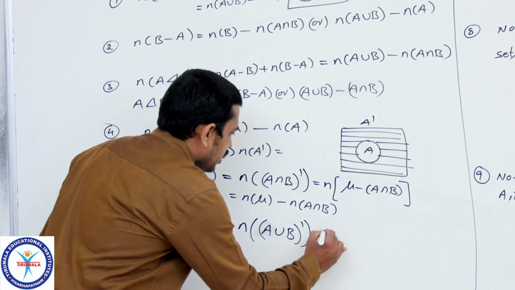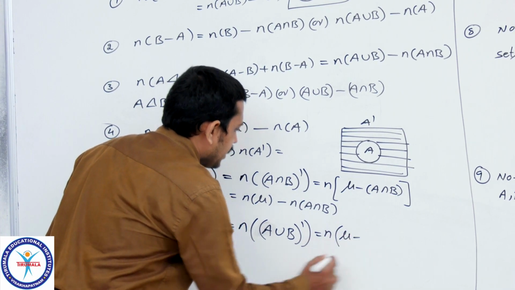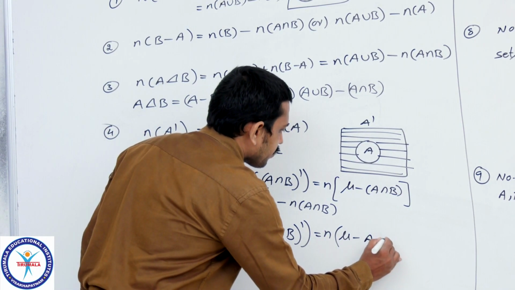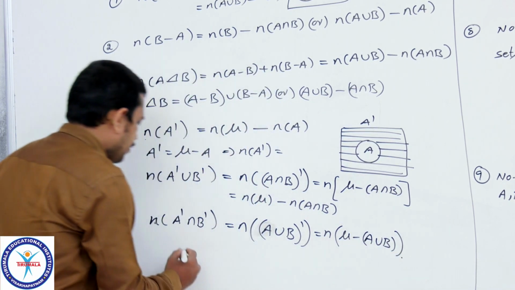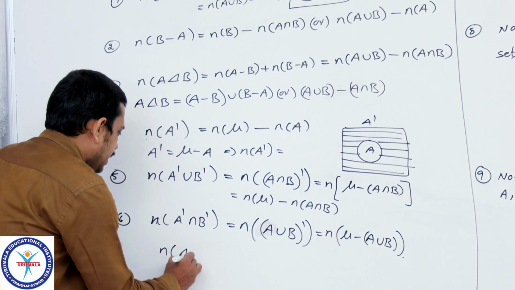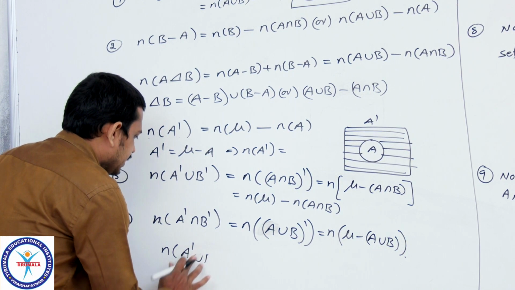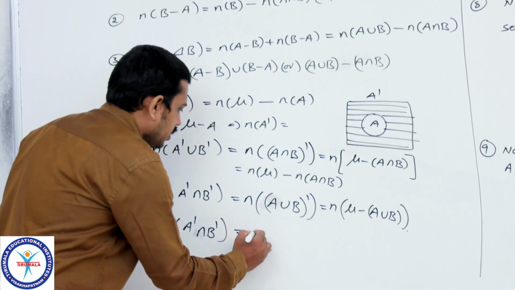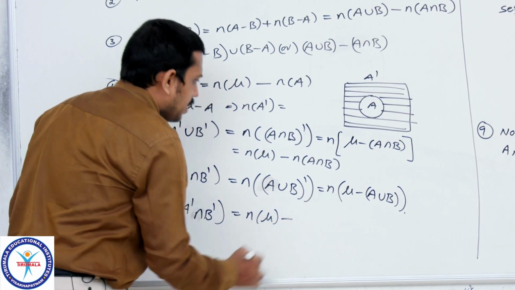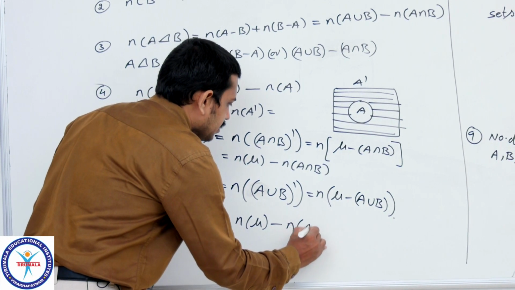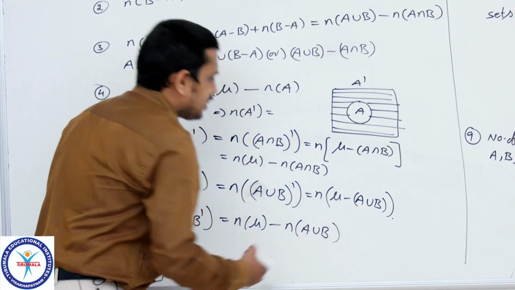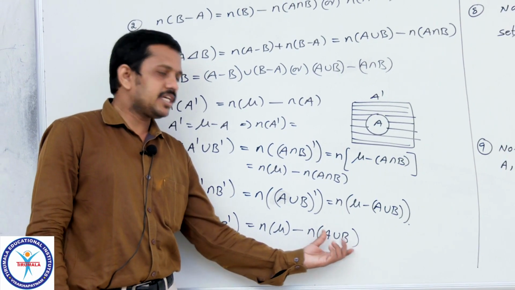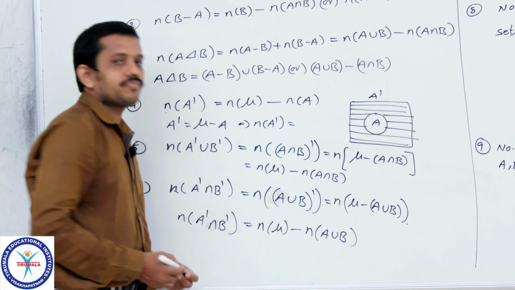This is equal to the number of elements of mu minus A union B, whole complement, which is mu minus A union B. Therefore, the number of elements in A complement intersection B complement is equal to the number of elements in the universal set minus the number of elements which are either in set A or in set B, meaning the number of elements in A union B.